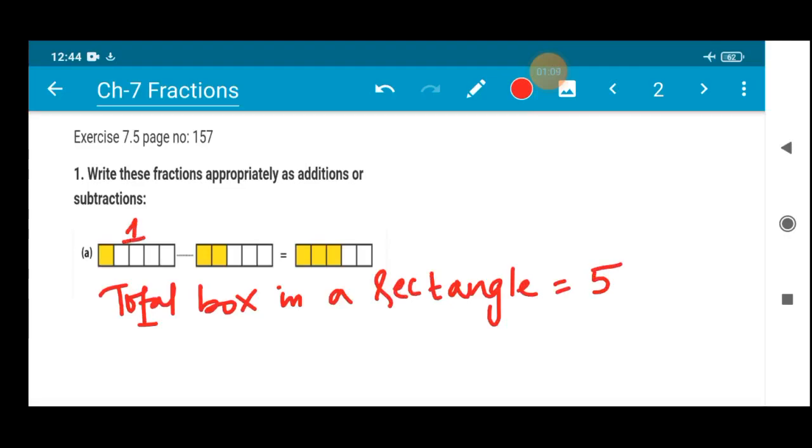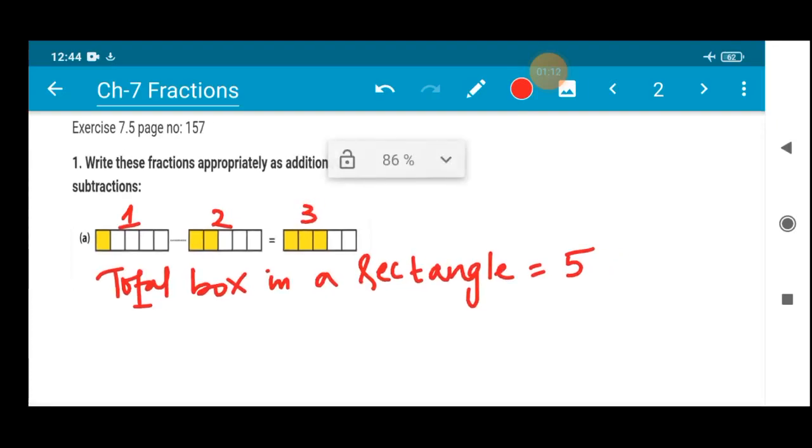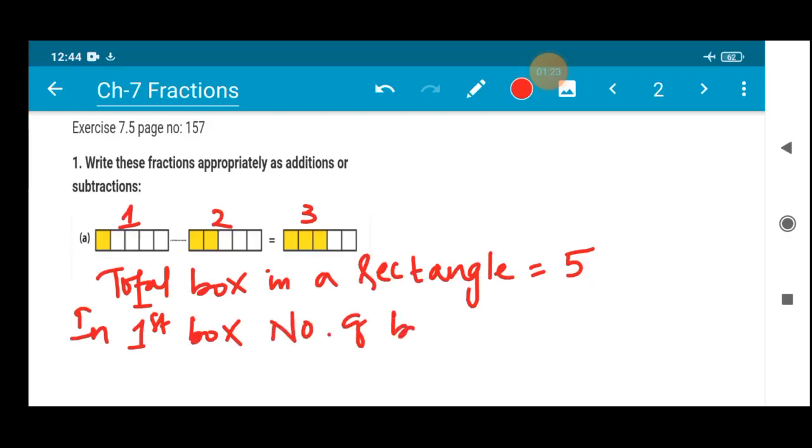Let me consider this as the first part, second part, and this is the final result. In the first box, number of boxes shaded is equal to 1 by 5.